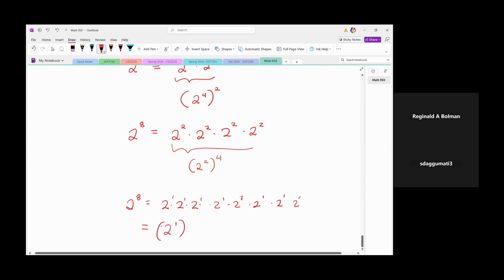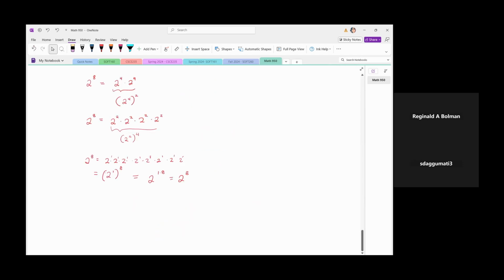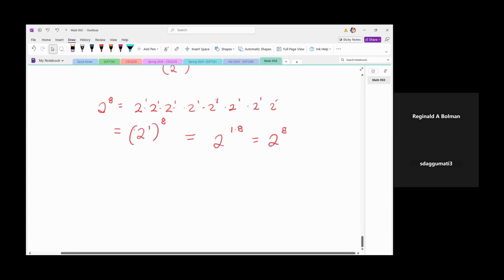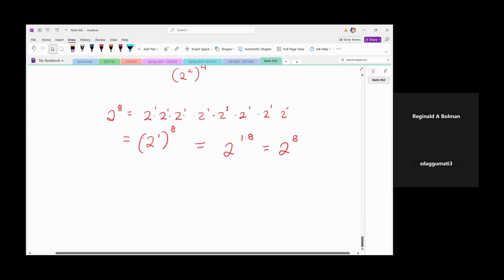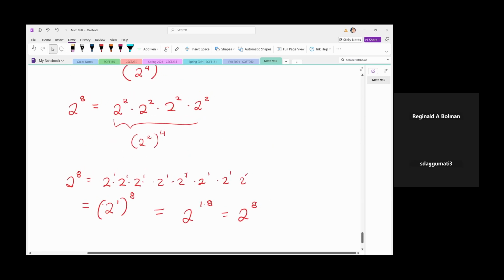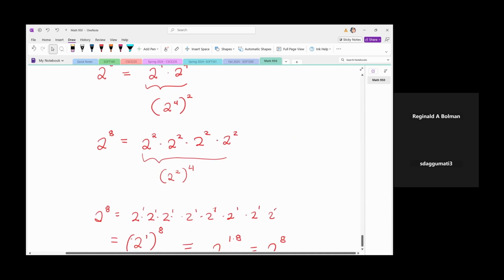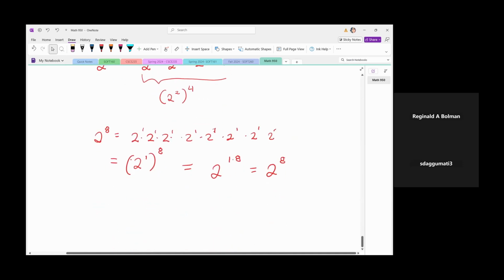So 2 to the first raised to the eighth. I hope I've made a sufficient case that the product rule is something that is legitimate under the ordinary reasoning of just the definitions of exponentiation.